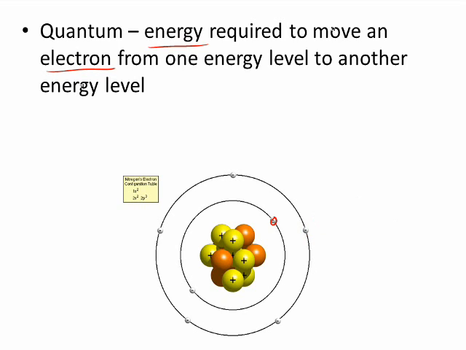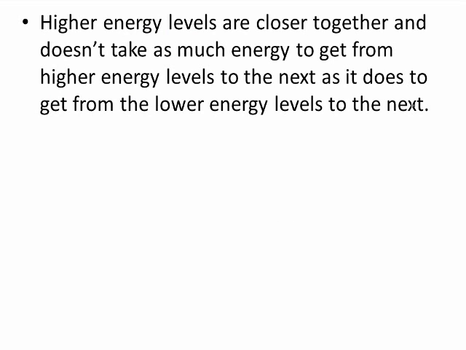So that takes an amount of energy to move that electron, to excite that electron, and that's a quantum. Now the amount of energy that an electron will require to move to another energy level is not always going to be the same. The higher energy levels are going to be closer together, and thus it doesn't take as much energy to get from one energy level to the next.